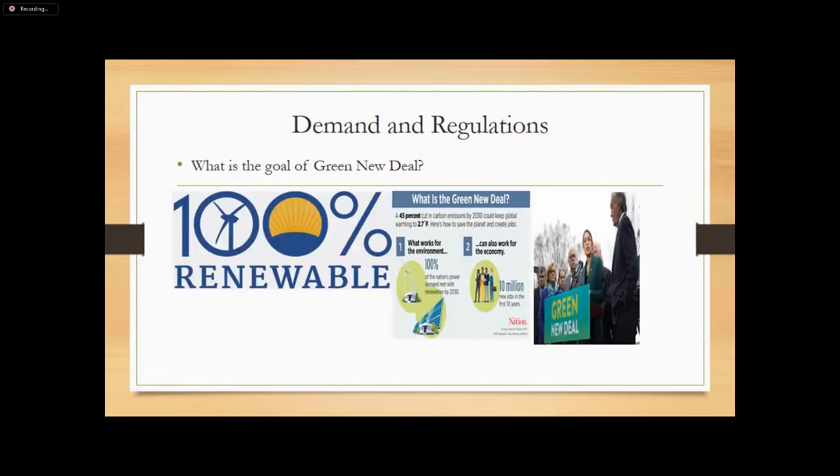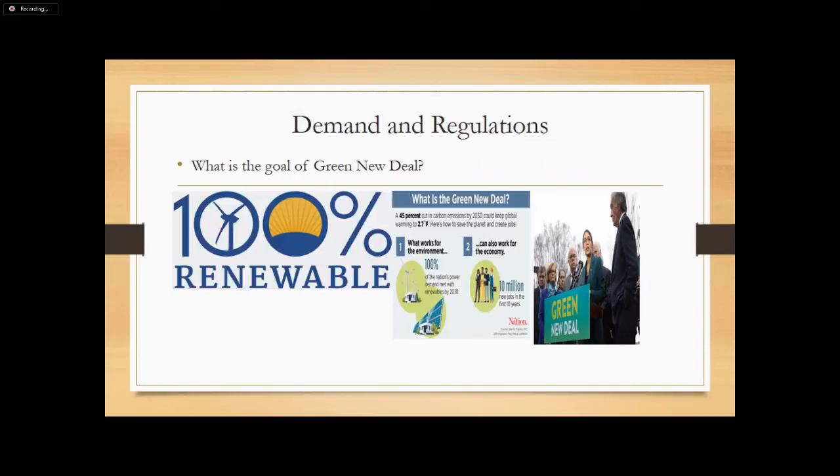But the Green New Deal basically tries to supply all the energy needs in America, 100% of it with renewables. They try to basically cut the carbon emission by 45% by 2030, which is like in 10 years from now. So that's the technical part, that there's a lot of problem with that.